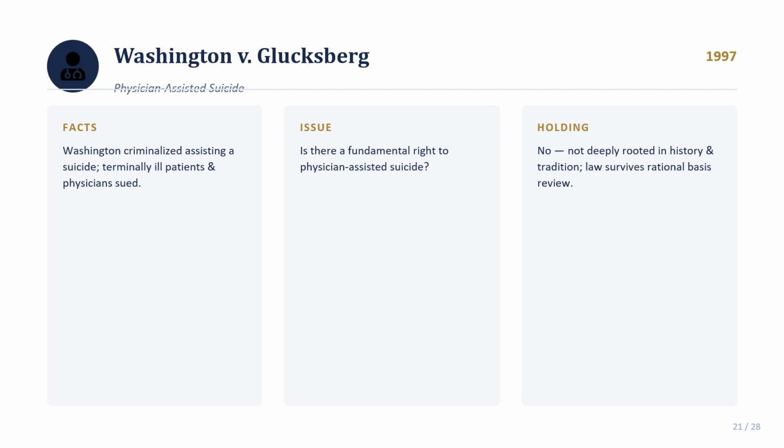I'm going to go with that whole deeply rooted in history and tradition test, which is a flag for you, by the way, because it's the same historical inquiry method that the Dobbs majority would later apply to abortion, 25 years after. So Glucksberg is, in a real sense, the template that Dobbs would eventually use.